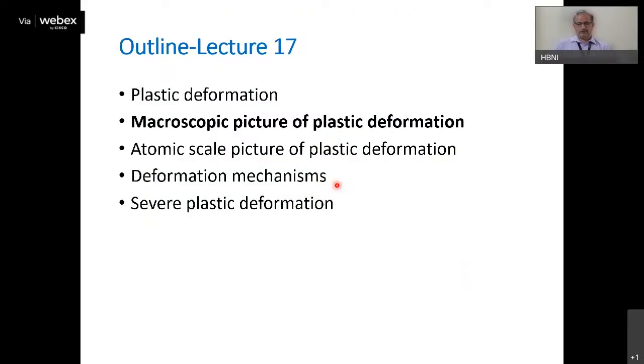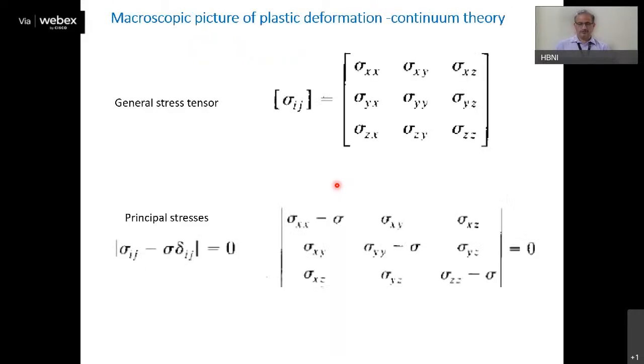Now let us try to understand the macroscopic picture of plastic deformation. So in order to have a proper understanding of macroscopic plastic deformation, let me again talk about this general stress tensor. As we know, in any matrix problem, we can find eigenvalues.